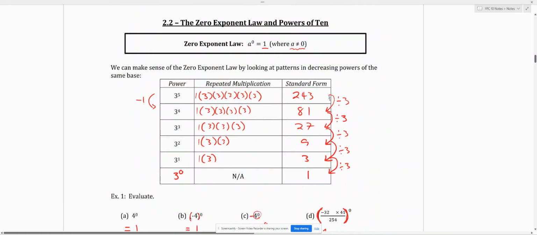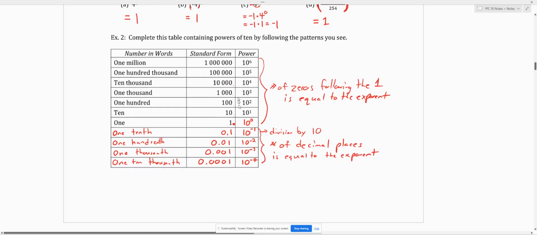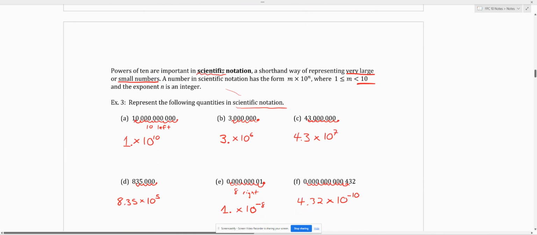All right. So super duper quick recap. Let's go back to the top. We learned the zero exponent law, which means anything raised to the power of 0 is 1. And then we did a few examples of that. So be careful when the negative is not attached to the 0, but anything attached to the 0 becomes 1. Then we looked at some patterns starting with 1. If we multiply by 10 a bunch of times, or if we divide by 10, what happens to the decimal place? We applied that basic understanding of powers of 10 to allow us to do something called scientific notation.